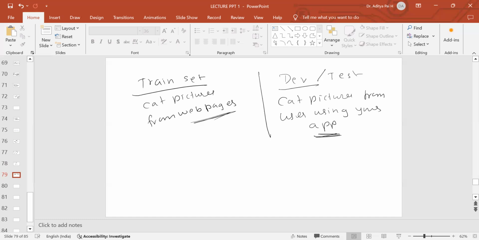And testing is, once we have trained the data, we test with samples of data and check the accuracy level.